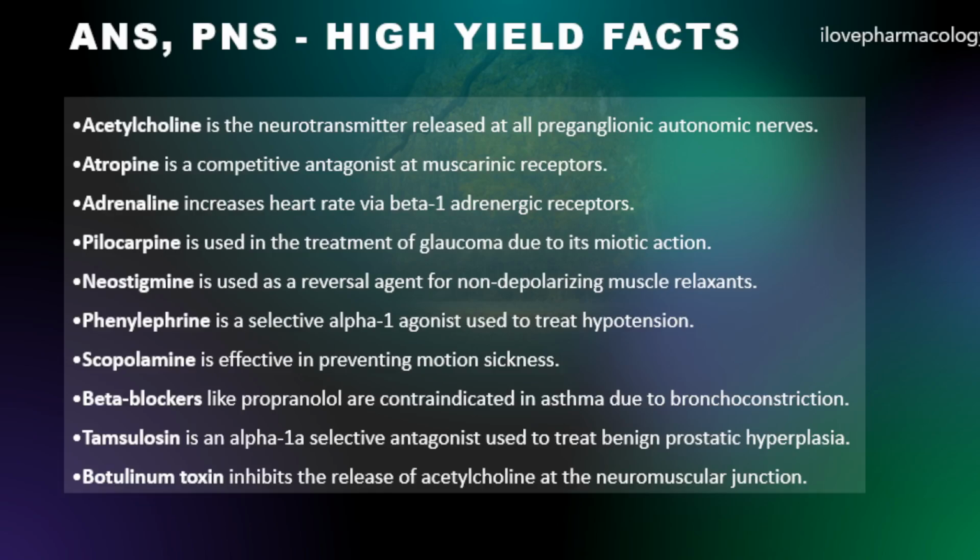Tamsulosin, an alpha 1A selective antagonist, is used in the treatment of benign prostatic hyperplasia. Botulinum toxin inhibits the release of acetylcholine at the neuromuscular junction.